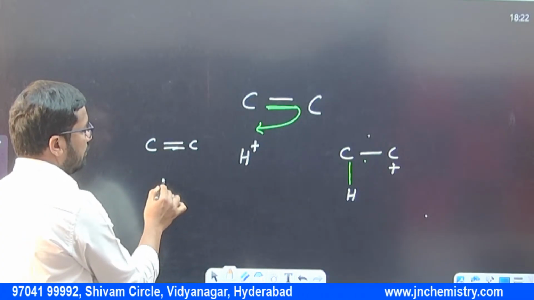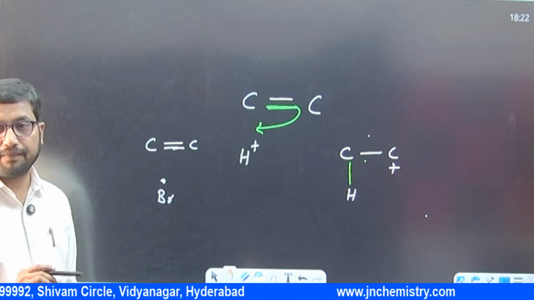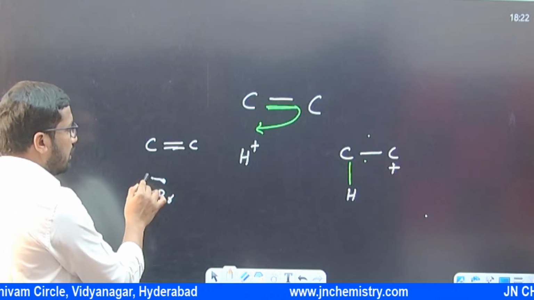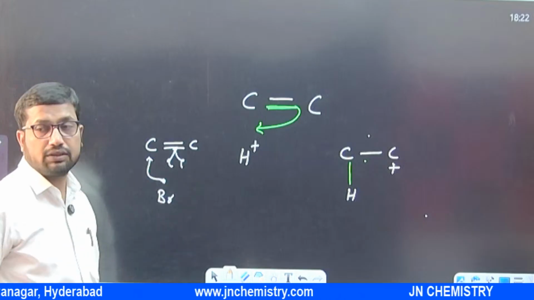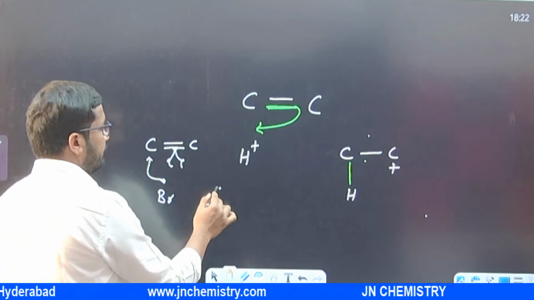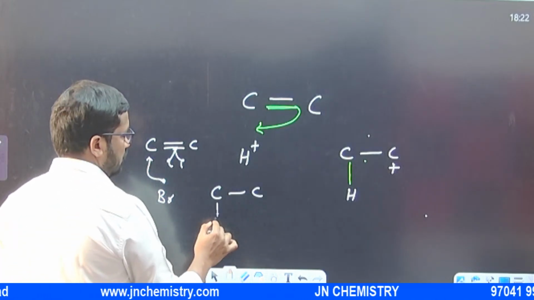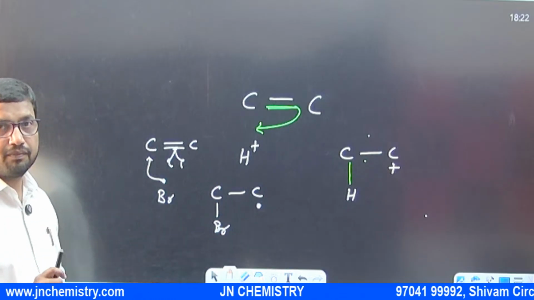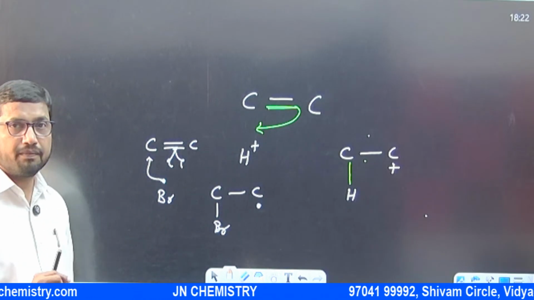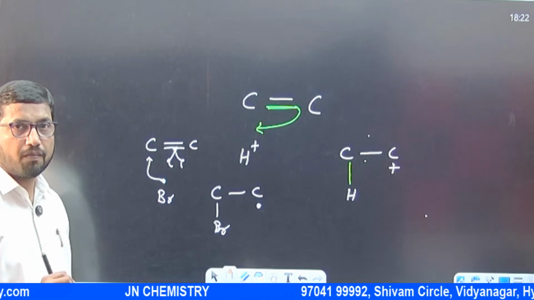Now take C double bond C, and imagine I'm adding a Br radical over here. Then this bond undergoes which type of cleavage? Homolytic cleavage. Br, and we'll get the radical over here.